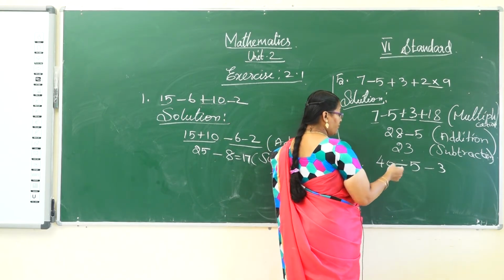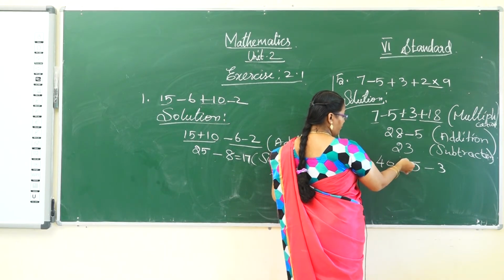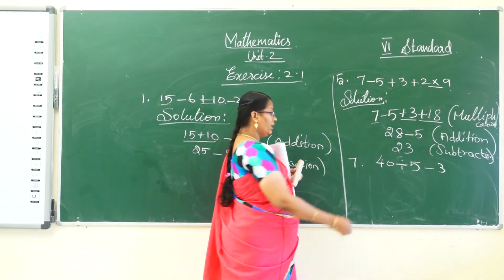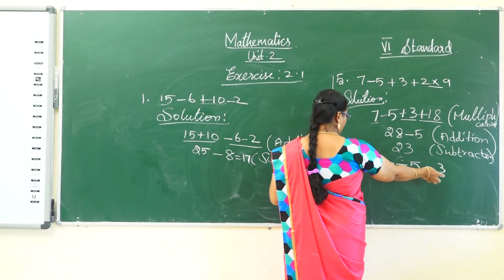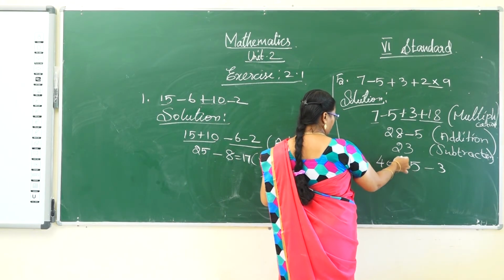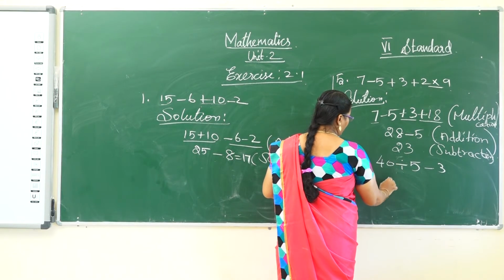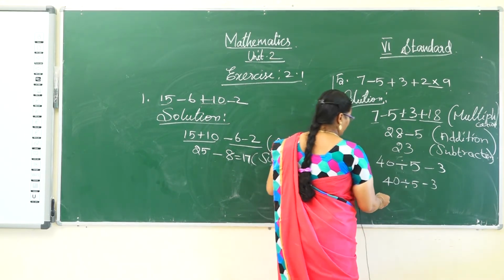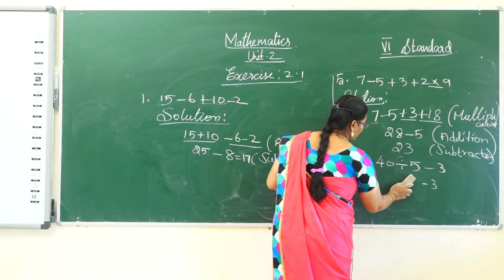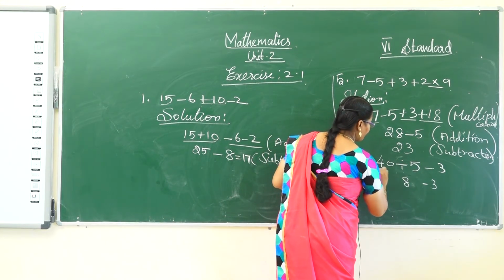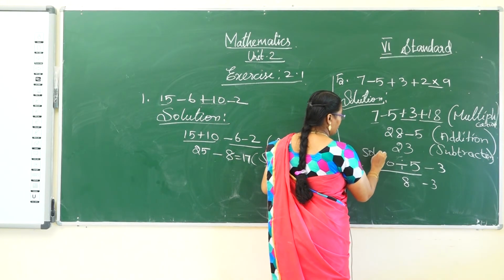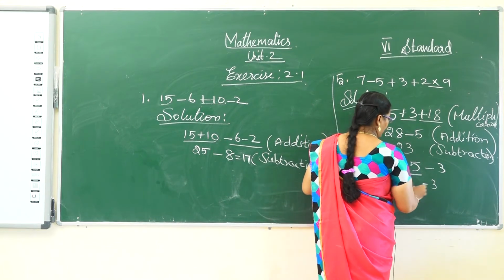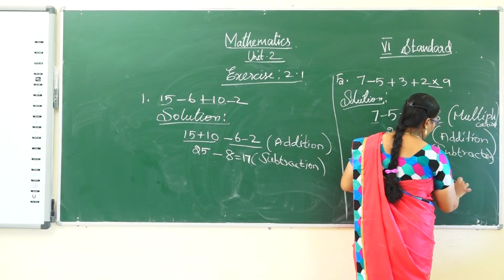So first preference to division: 40 divided by 5 is 8, minus 3.